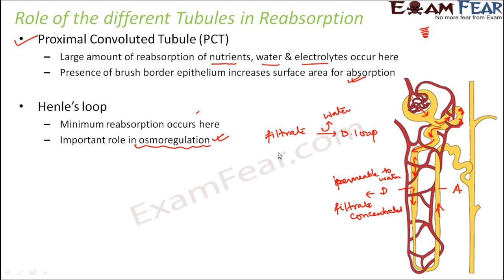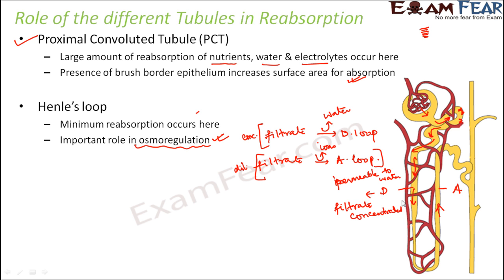So as the filtrate moves up the ascending loop, it becomes diluted. In the descending loop it becomes more concentrated, and in the ascending loop it becomes more diluted. Due to this movement of water and ions, it helps to maintain the ionic and water balance, and that is why it helps in the process of osmoregulation.